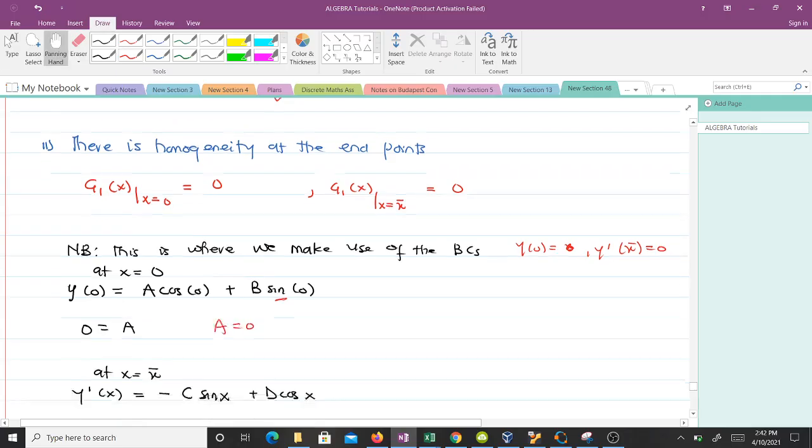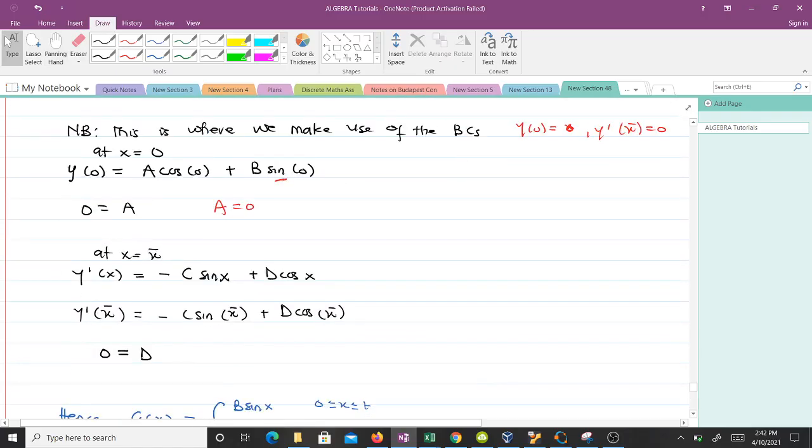And when we take the second boundary condition and put it inside g2, which is the same as y2, recall that y2 was equal to c cos x plus d sine x.